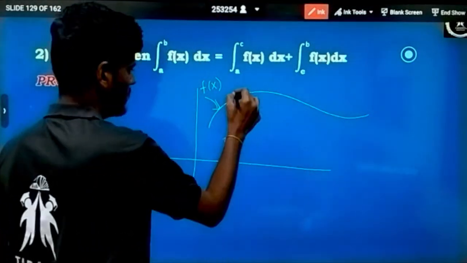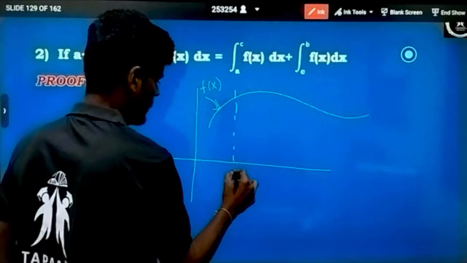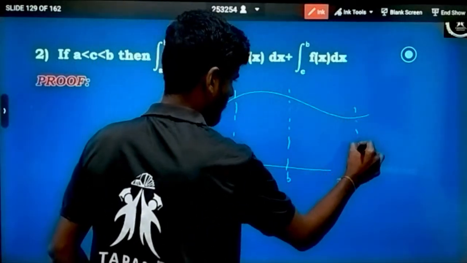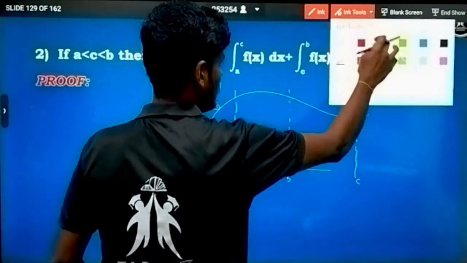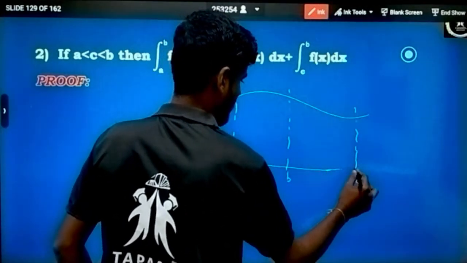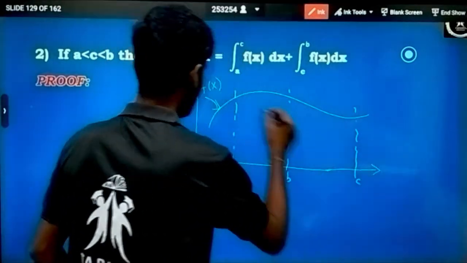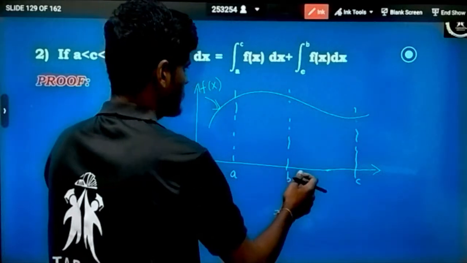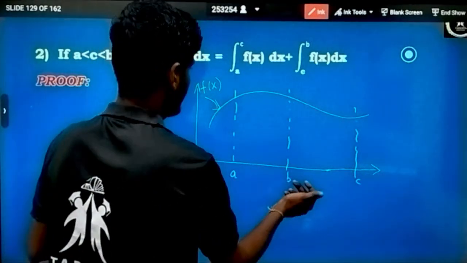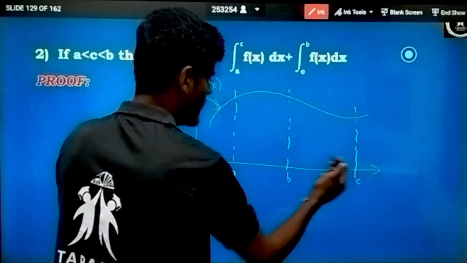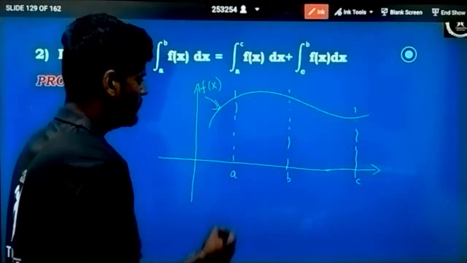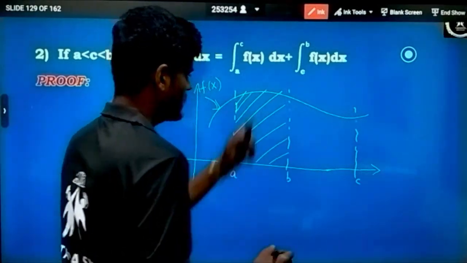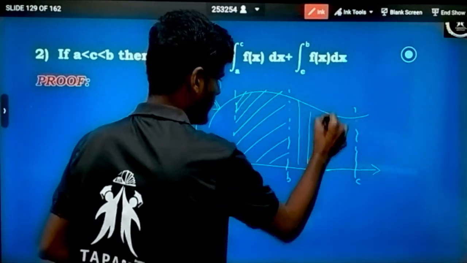Next, we take some values a, b, c. Let this be point A, let this be B, and let this be C. Now we have A, B, and C. This integral from A to B is divided into A to C plus C to B. By this diagram, this total area can be represented by two areas, the first area plus the second area.